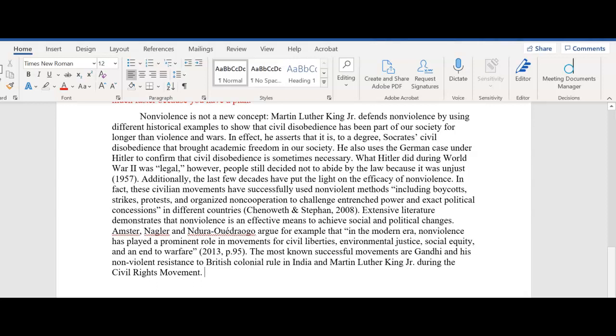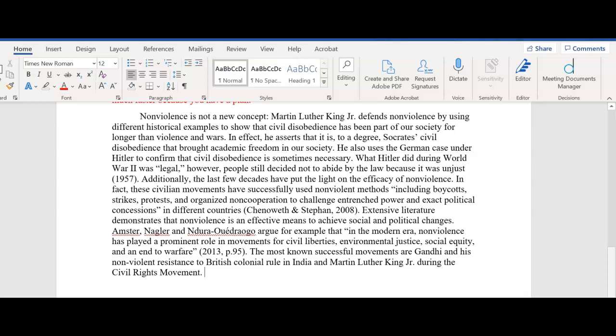Additionally, the last few decades have put light on the efficacy of nonviolence. In fact, these civilian movements have successfully used nonviolent methods, including boycotts, strikes, protests, and organized non-cooperation to challenge entrenched power and exact political concessions in different countries. Extensive literature demonstrates that nonviolence is an effective means to achieve social and political changes.